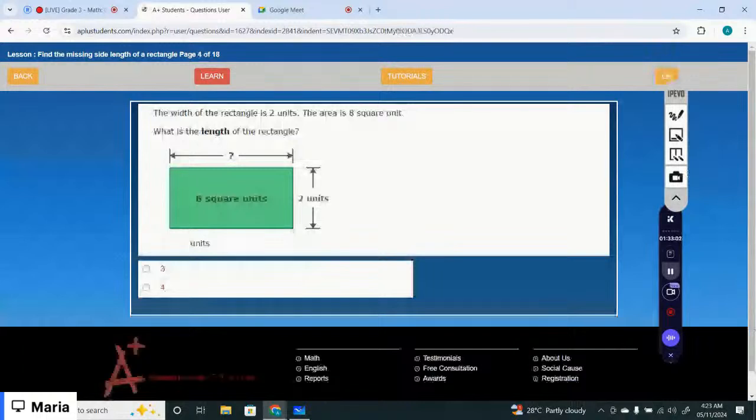The length of the rectangle is 2 units. The area is 8 square units. What is the length of the rectangle? Which is the correct option?